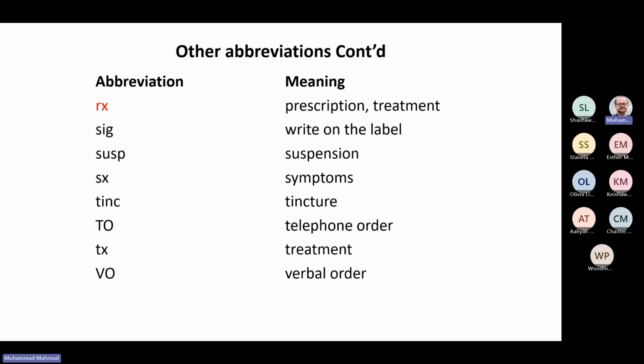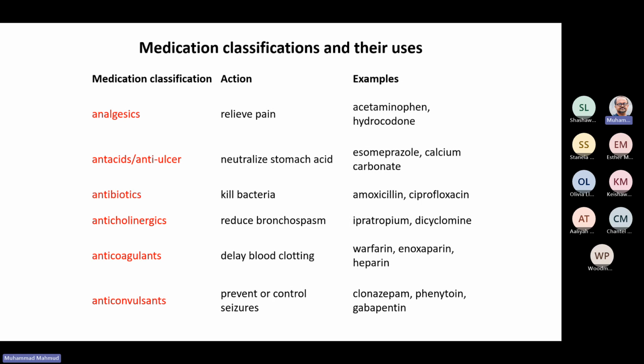You'll get acquainted with these important abbreviations when you study these things with a few practices. Now here comes the most important part of this basic pharmacology lecture, to know medication classification and their uses.